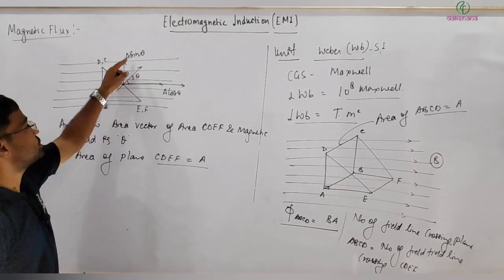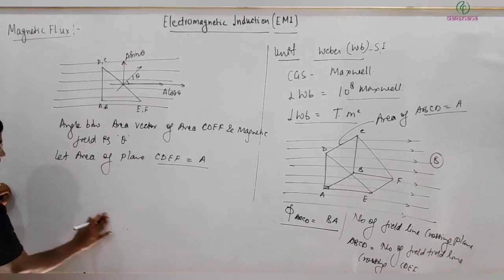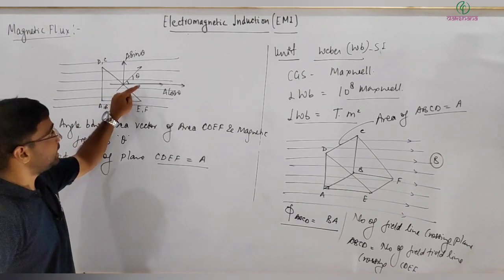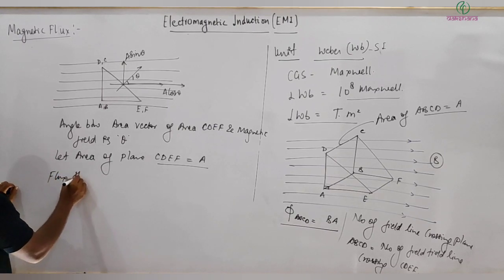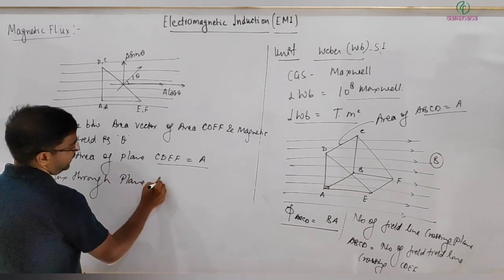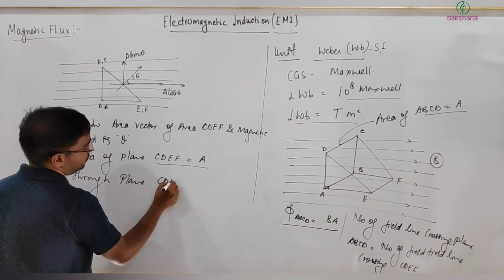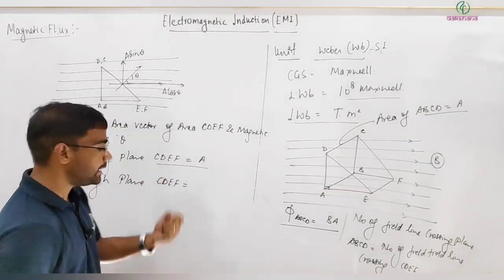So the flux through the A sin theta plane is definitely 0, and the flux through plane CDEF will be equal to what? This I can write in two ways.